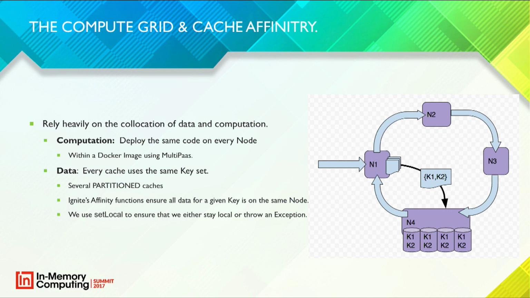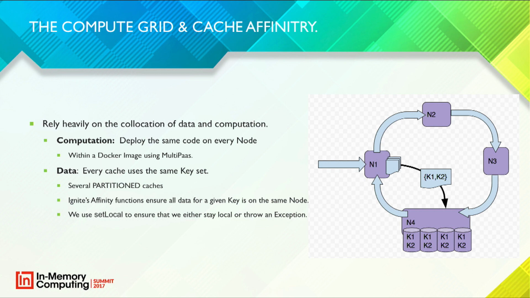So in order to do that, we use the same key set across all the caches, and the affinity functions inside of Ignite ensure that for any given key, every cache on every box will contain that key. So once you end up on one box with one of those keys, all the caches from that box will be there for that particular key.